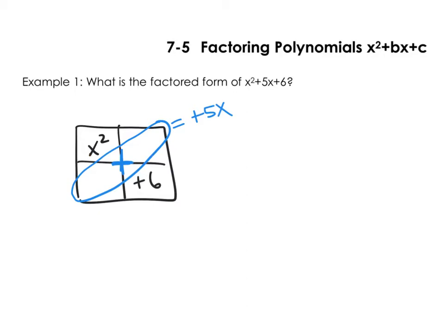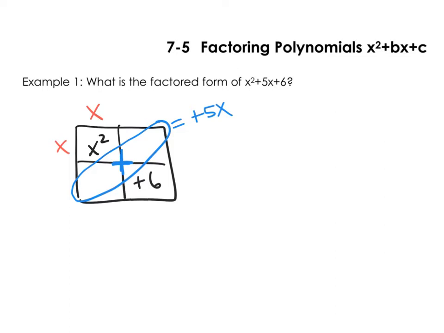That would be an x times an x. Now, this is where you have to think about the other two places that we need to fill in and how the 5x and the positive 6 work together to get that magic trinomial that we're trying to find.